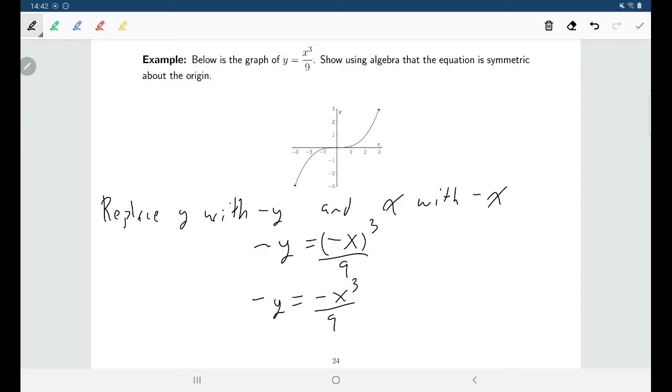And if I were to take this equation now and multiply left side and right side by negative 1, you would have y on the left side, and you would have x cubed over 9 on the right side. And you could see that what we have is the same as the original equation. So when we replace the x with negative x, and the y with negative y, we got our original equation back. So we can say, yes, this is symmetric about the origin.